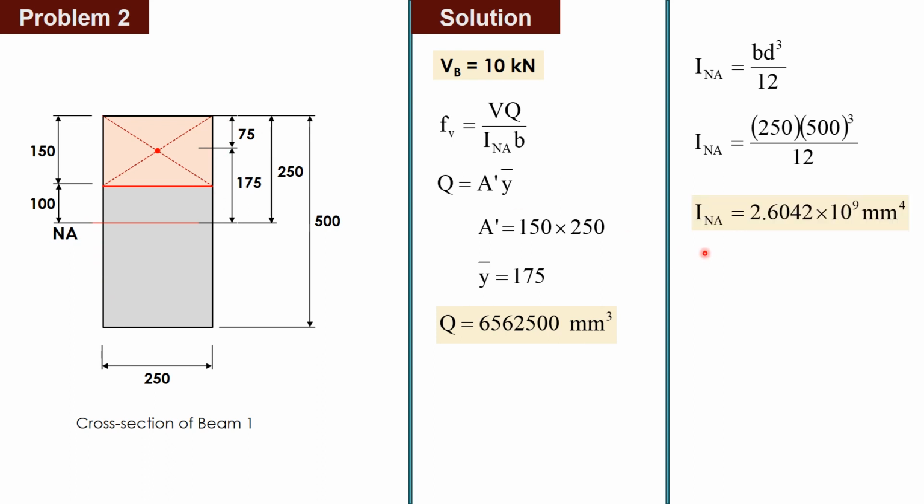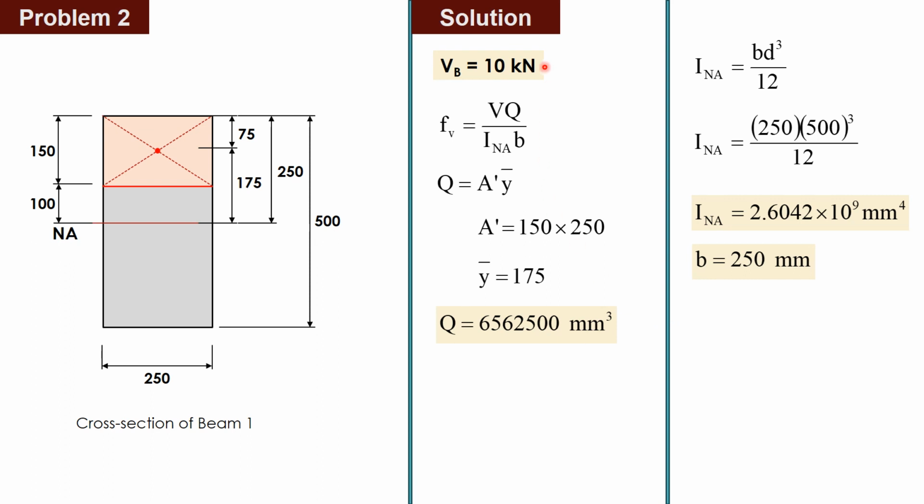And this will be your INA. And your B, dito, ito daw yung width ng fiber or element na kinukuhanan mo ng shear stress. So, since ito yung fiber na hinahanapan natin, so this is 250. So, that will be your B.